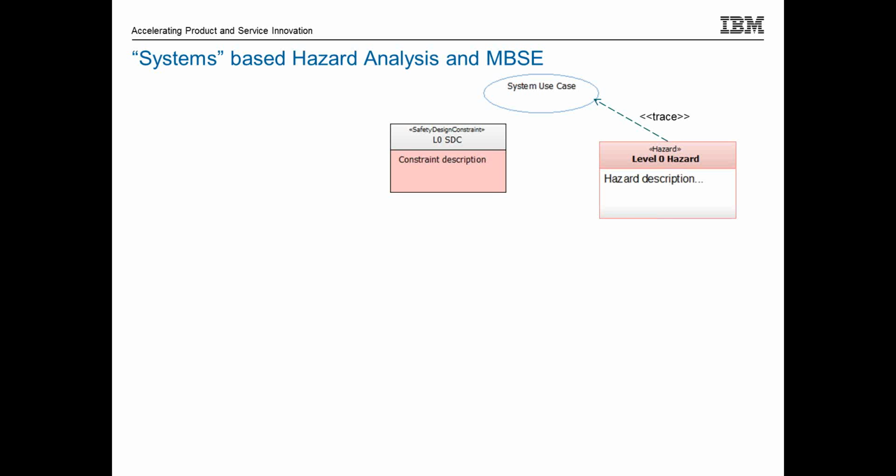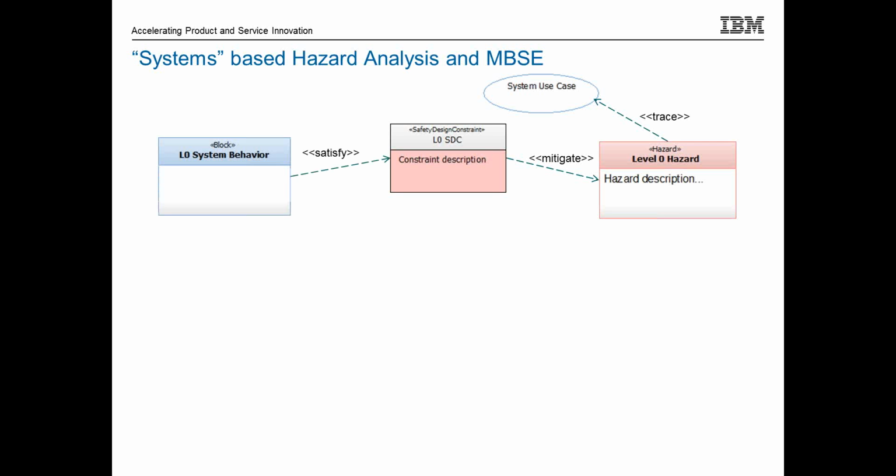Some folks might view this as just a specialized kind of requirement, and it could be, but I think there's value in explicitly separating it from a requirement. It's a design constraint based on mitigating a specific kind of hazard, so there's an association between these and the hazards that are identified.